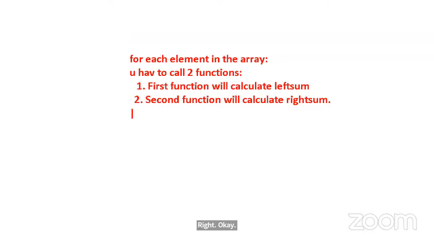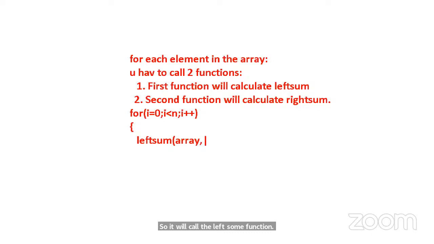So obviously, for each index you have to use a for loop, for i equal to 0, i less than n, whatever, right? So you will call the left sum function, for which you have to pass the array and the index, correct? Up to that point, right?